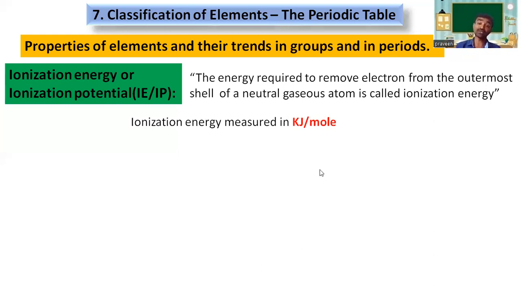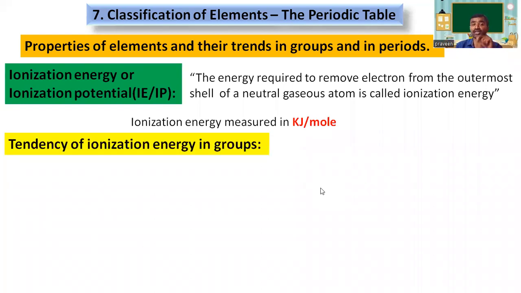Here you are trying to remove an electron from the valence shell. What amount of energy is required to remove the first electron from the valence shell? That energy is called first ionization energy. That we will discuss.